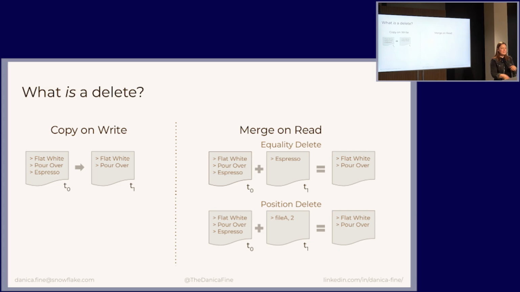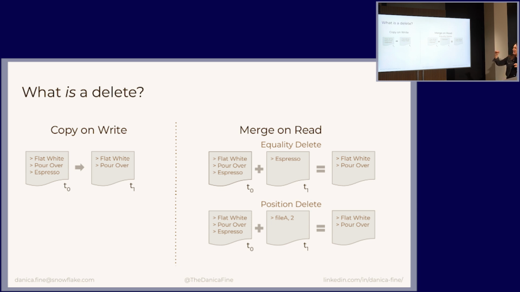With merge on read, instead of rewriting the file, we keep that existing file as is, and then we introduce a new delete file in order to track which records are no longer relevant to us. There are two ways to do this also. The first way is by using something called an equality delete.